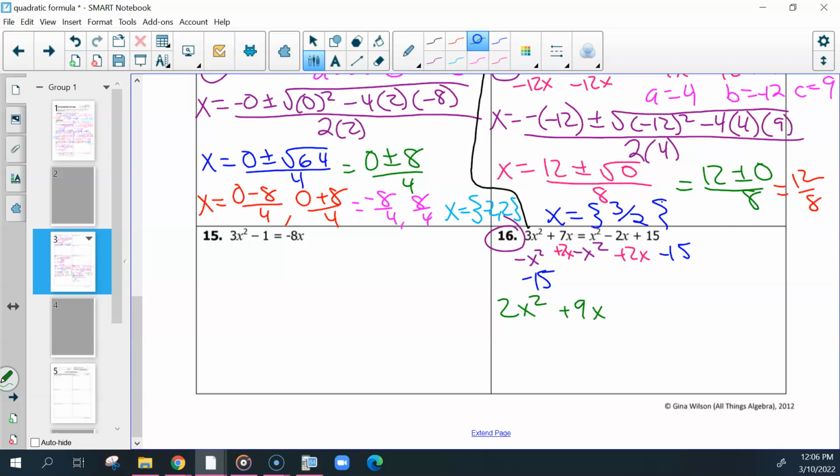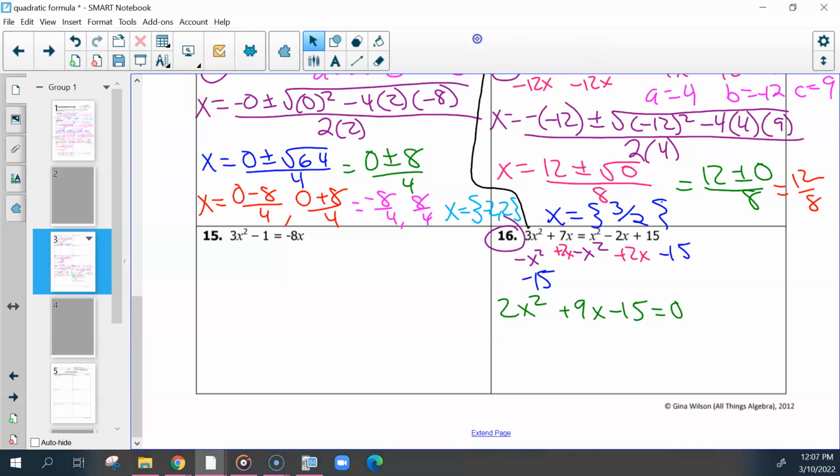And then I move my 15 over. So now it looks like normal, and we can find our A, B, and C value and use the formula and continue. It's like you did the second problem on shark bite today, combining like terms. You gotta get that happening.